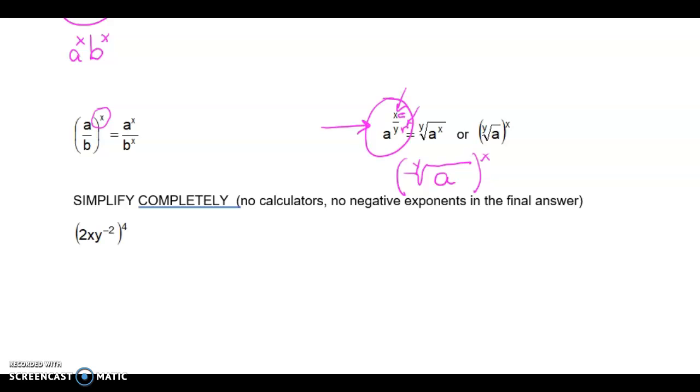So I always think words end in er. So my exponent over my root, exponent over root. So the x is the exponent and the y is the root. Exponent, root, like words end in er.